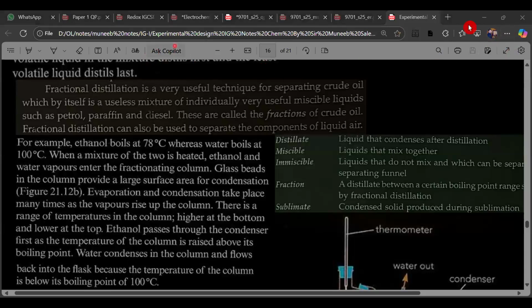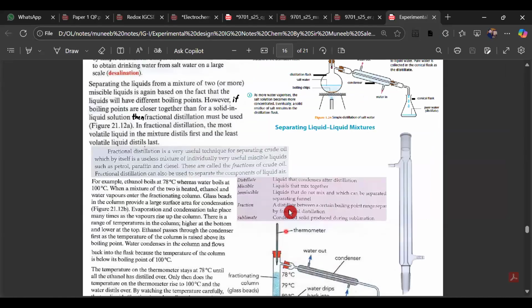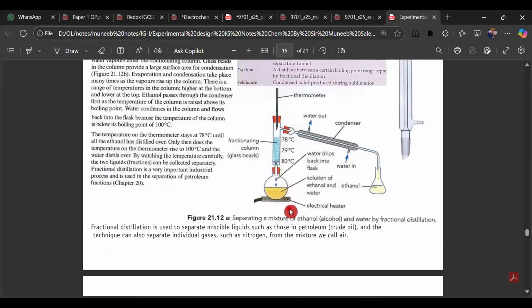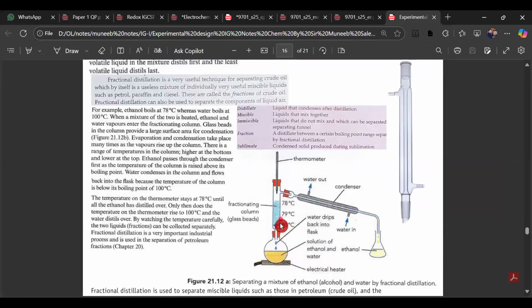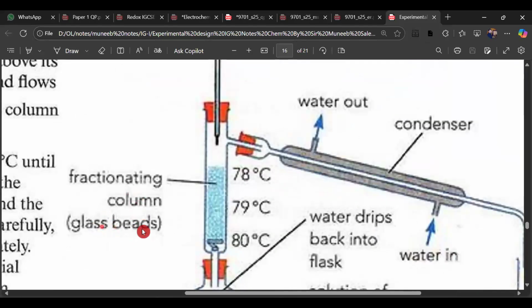So let me tell you. Now these are my notes of the O levels, so I'm going to show you that part here. These are the glass beads inside the condenser.